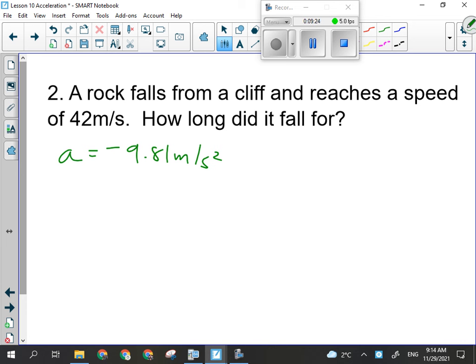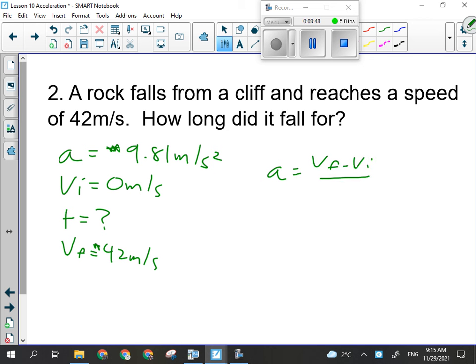But in this case, because it falls or is dropped, vi equals 0 meters per second. Those are the two tricks in that one. We're looking for how long it will fall, and it reaches a final velocity of 42 meters per second. That's also down. Since there's no up, I'm just going to make them both positive and not worry about it. So a equals vf minus vi over t.